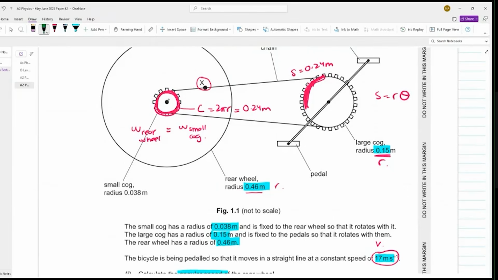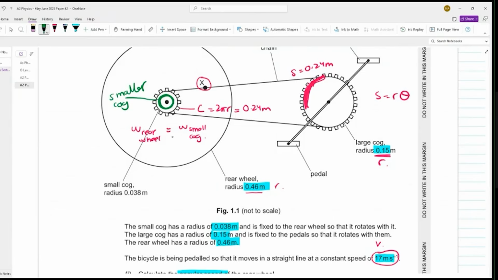Let's say this is your smaller cog. Let's erase this. This is a smaller cog. If your cog has become smaller, what does this mean?